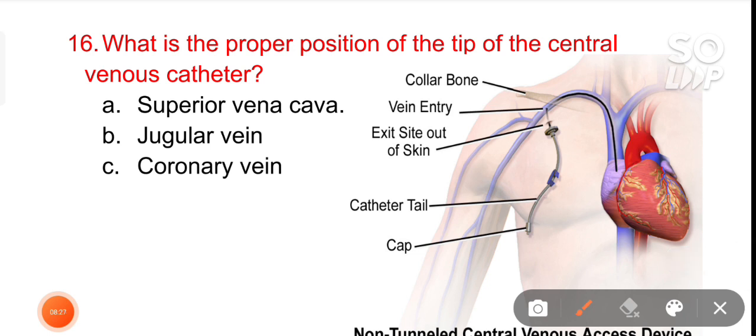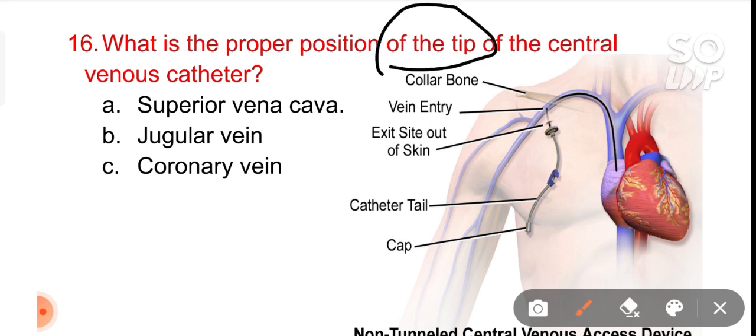The next question is, what is the proper position of the tip of the central venous catheter? So we all know that we have seen in many cases we are doing the procedure of central venous catheter. So what is the proper position of the tip?